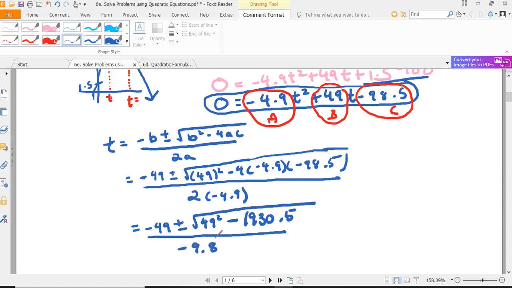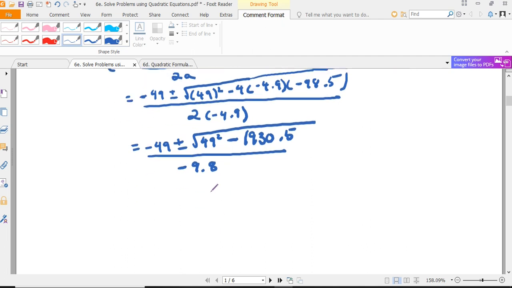Okay? Almost done. Equals negative 49 plus or minus, let's solve that. 49 squared minus that number is 470.4, divided by negative 9.8.